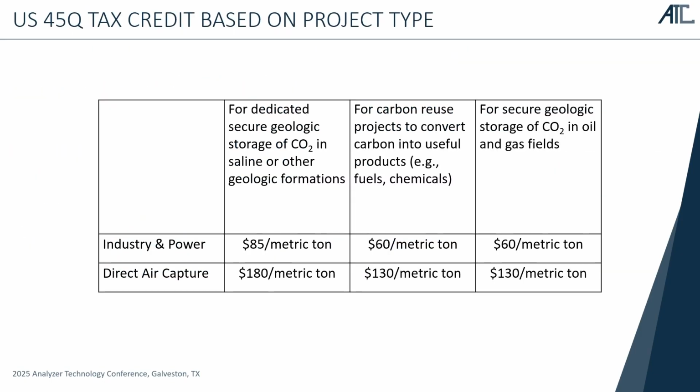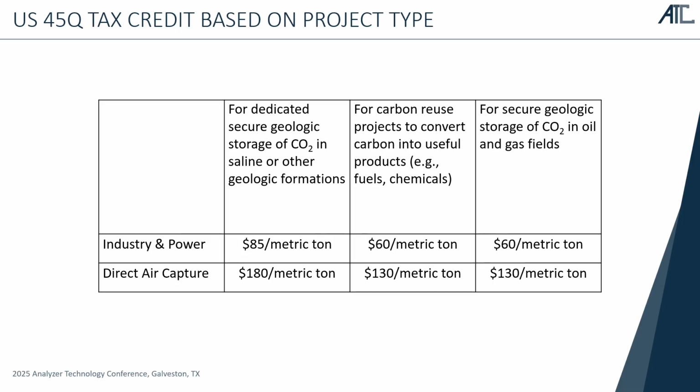Okay, so this is the government showing up, in the words of Ronald Reagan, saying, "I'm from the government and I'm here to help." And so how are they going to do that? What you see is the tax credit is determined by the type of industry that they're dealing with.